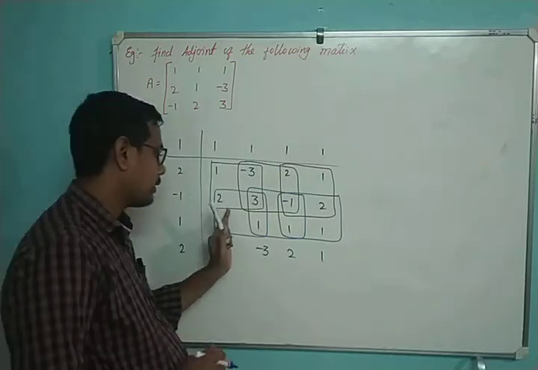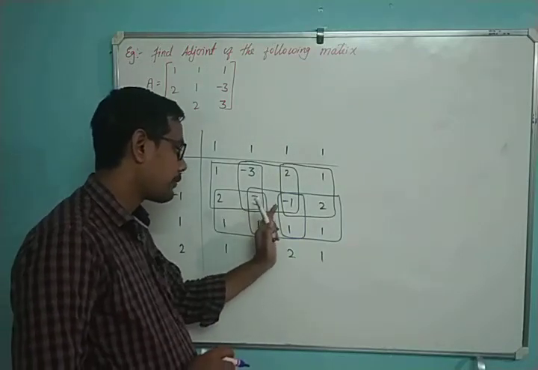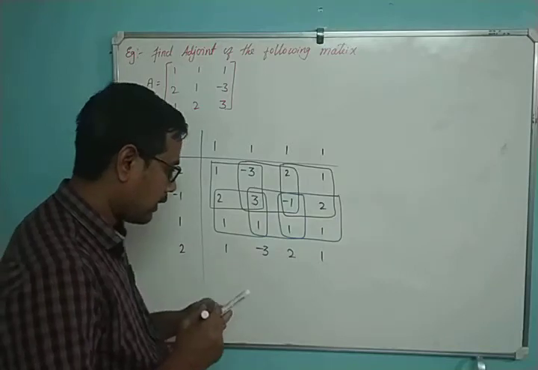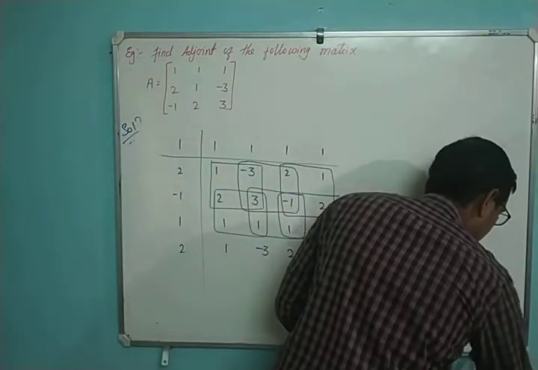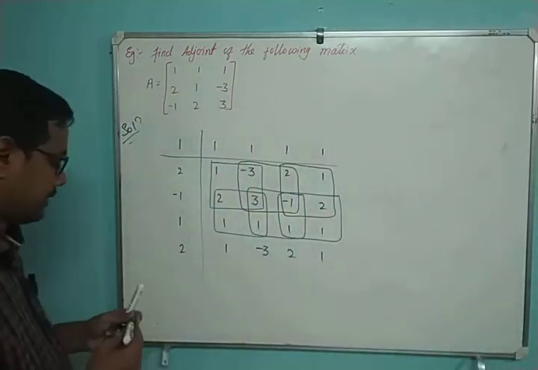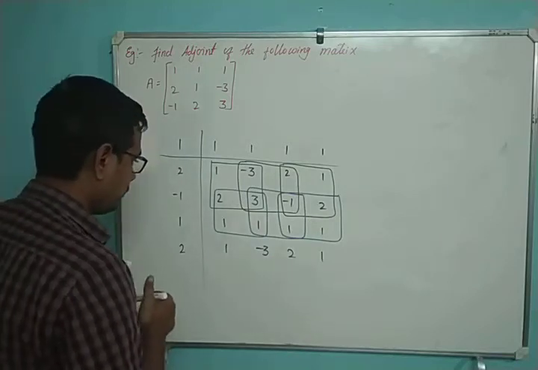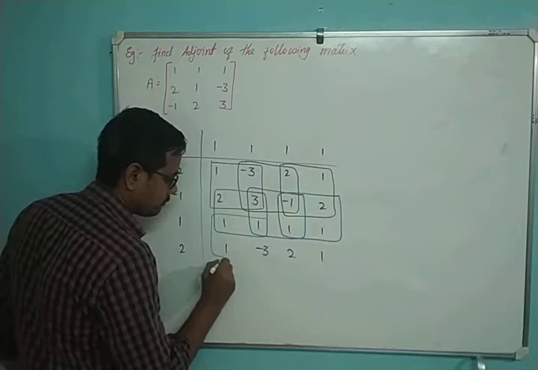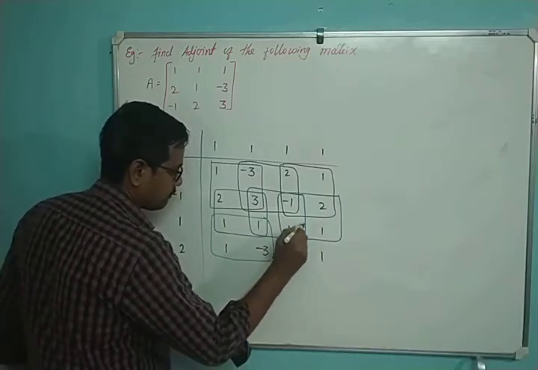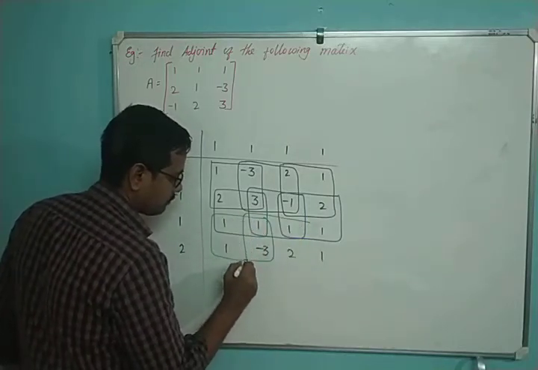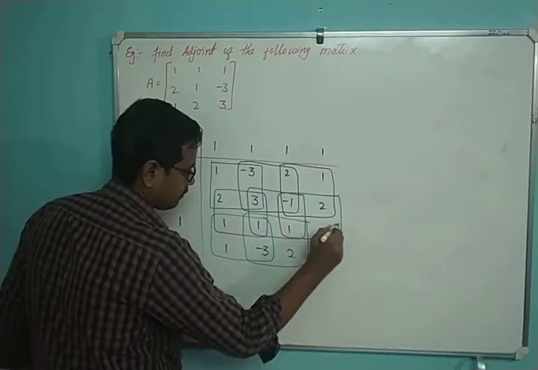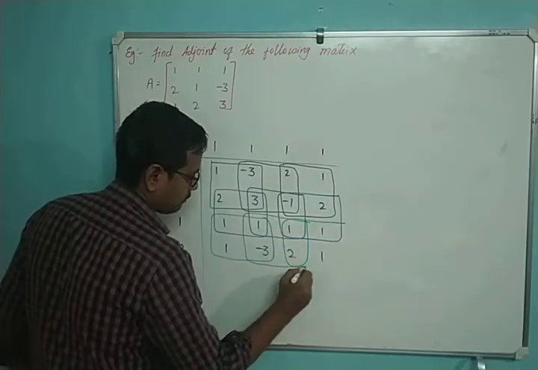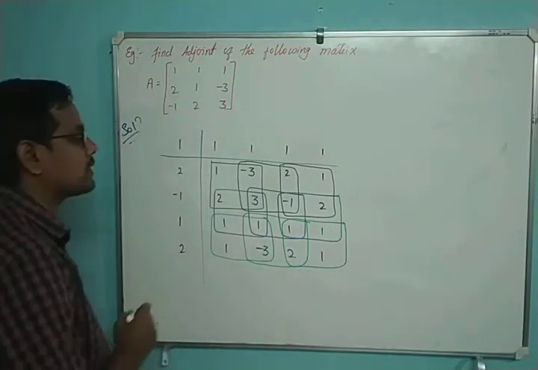So this is 4th box, 5th box, 6th box. Okay, and last one is this is the last box.